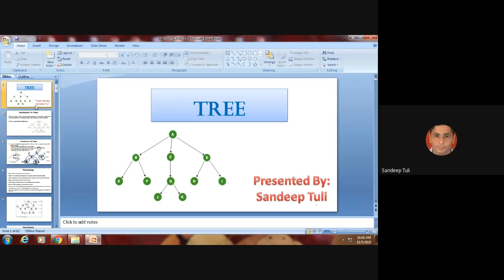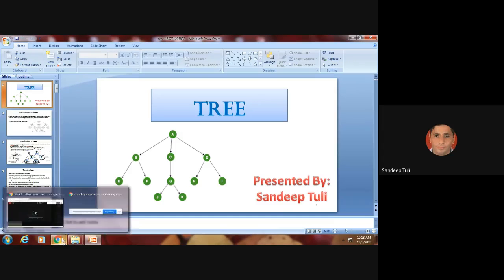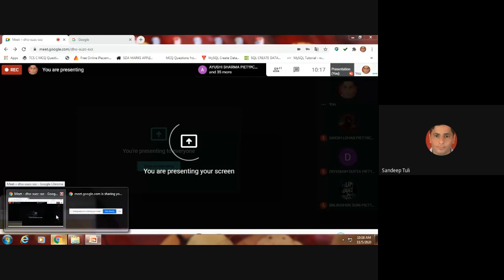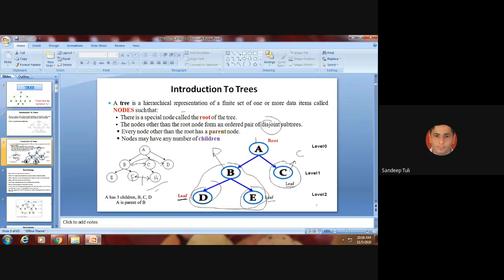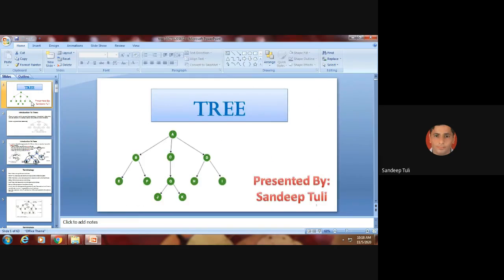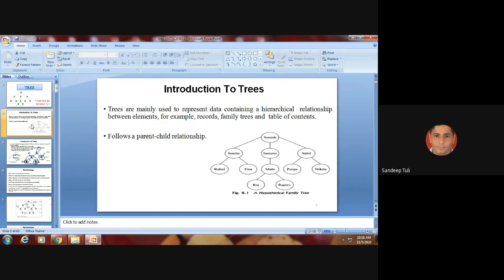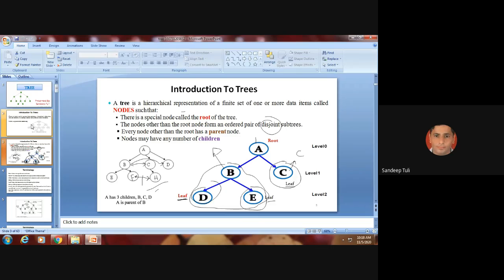So today I am going to take a lecture on tree. I am continuing from the point where we stopped yesterday. Yesterday we started the non-linear data structure, that is tree, and we learned the very basics of tree. We discussed what a tree is, how it is maintained, and the various nodes in a hierarchical form.